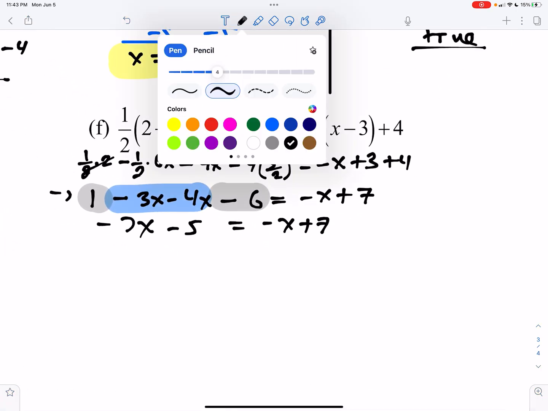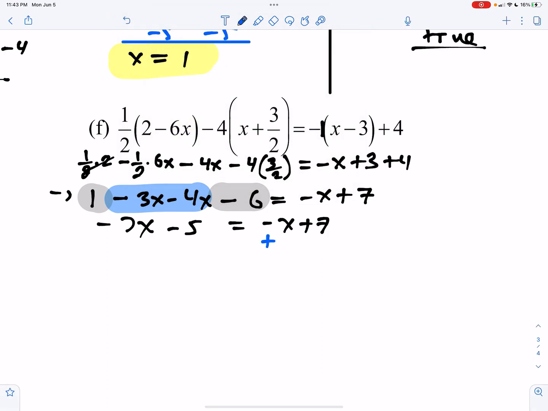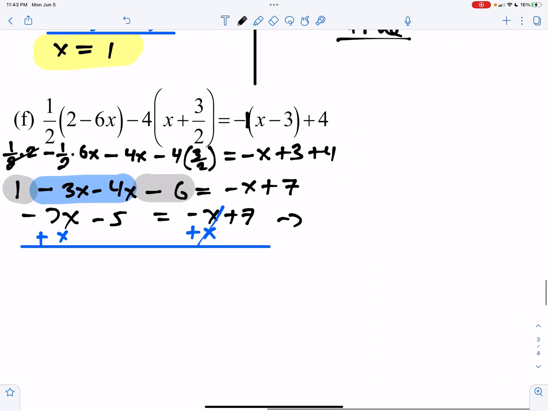Okay, let's go ahead and bring our terms together. So I guess I'll go ahead and add an x over here. Now negative 7x plus 1x would be negative 6x minus 5 equals 7.